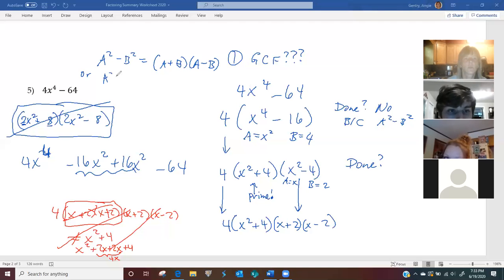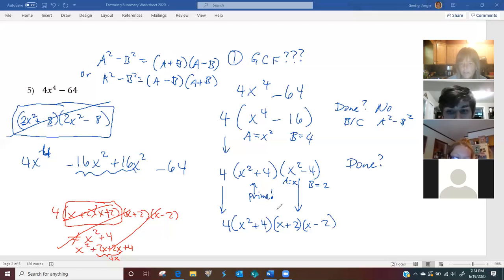Or a squared minus b squared is a minus b. Some people were trained with the minus first. It doesn't matter because of commutative property, 2 times 3 is 3 times 2. But I like to always put my plus first because that plus one here is done, this is done, and then I just focus on the last piece.